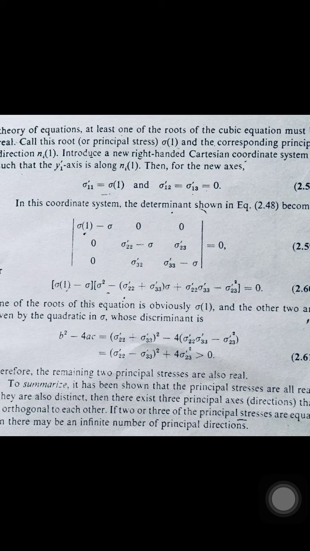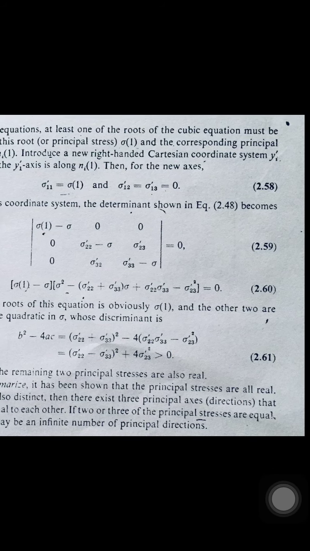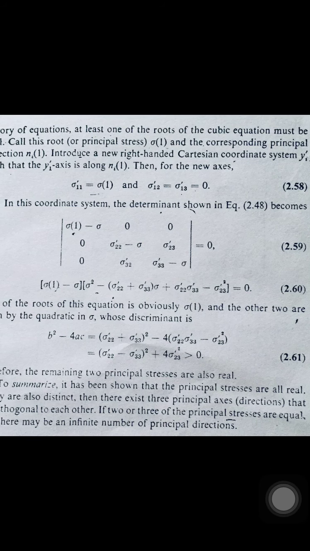One root of the equation is obviously sigma 1, and the other two roots are given by the quadratic in sigma. When solving the remaining quadratic equation in 2.60 by the systematic method, we take the discriminant, b square minus 4ac. When we solve b square minus 4ac, we get a sum of two square quantities, which can't be negative.